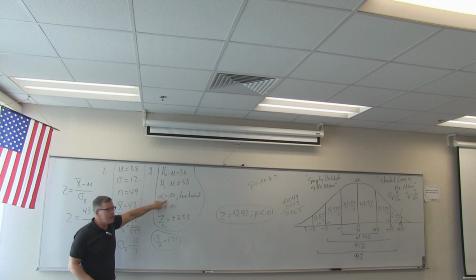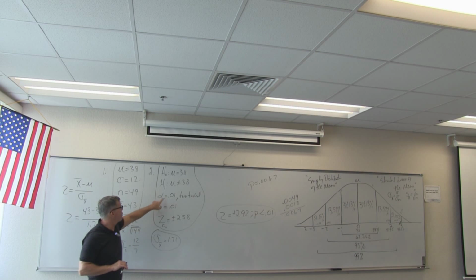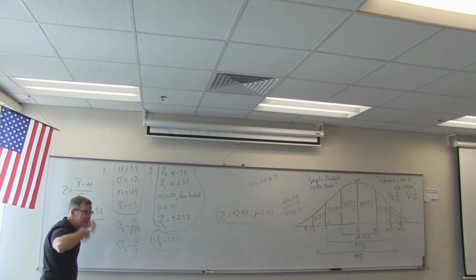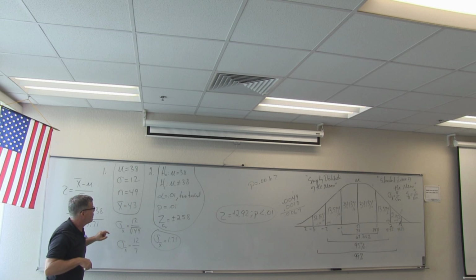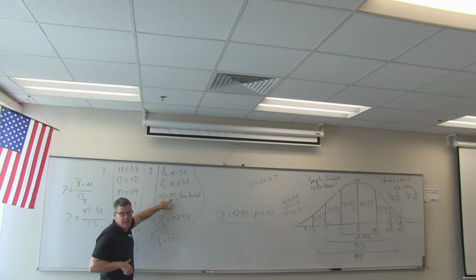Another way of interpreting this alpha is that if I were to replicate this scenario in terms of repetitive sampling, in other words, if I were to take 100 more samples of 49, therefore computing 100 more means, I would correctly reject the null 99 times and incorrectly reject the null 1 time. That is the probability of a type 1 error.